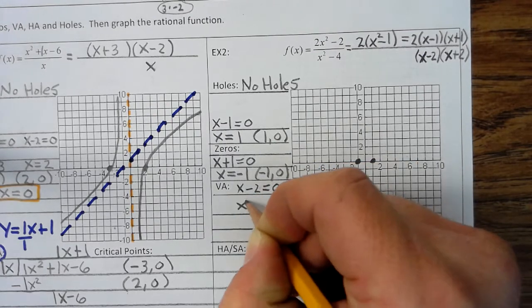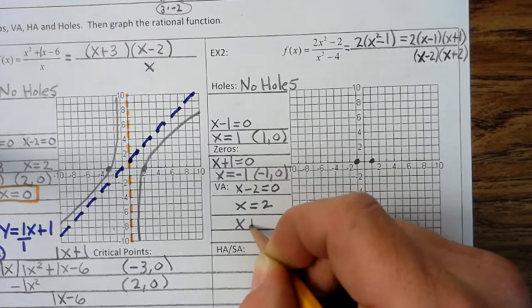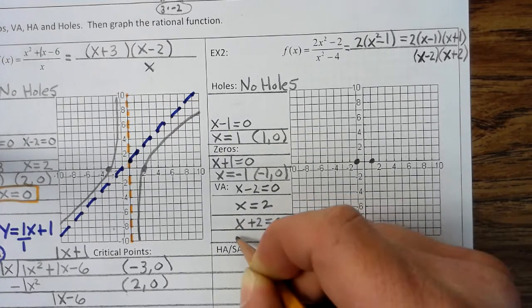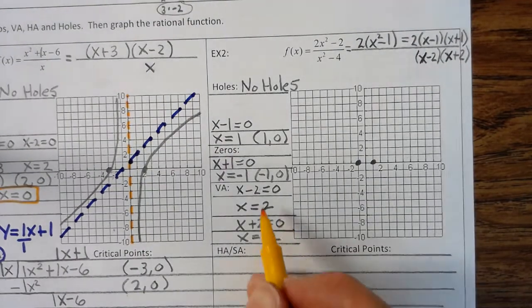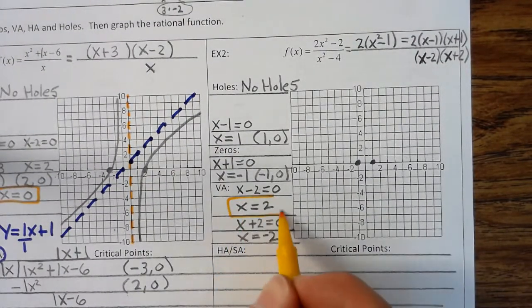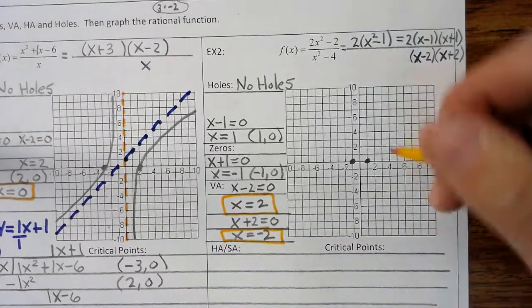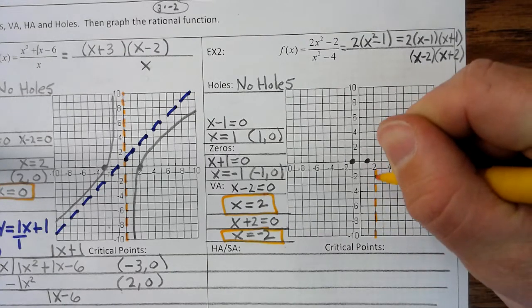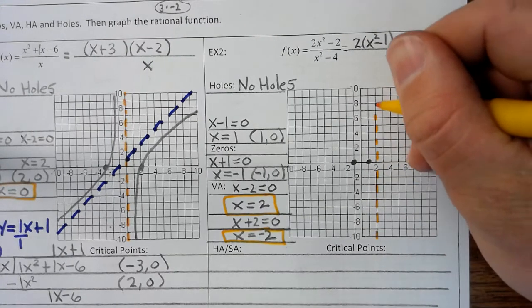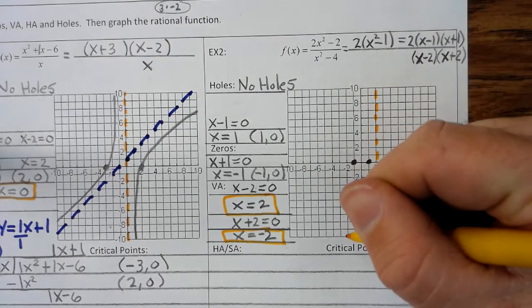So we have x equals 2, and we set x plus 2 equal to 0. So we have x equals -2. So x equals 2. And x equals -2.